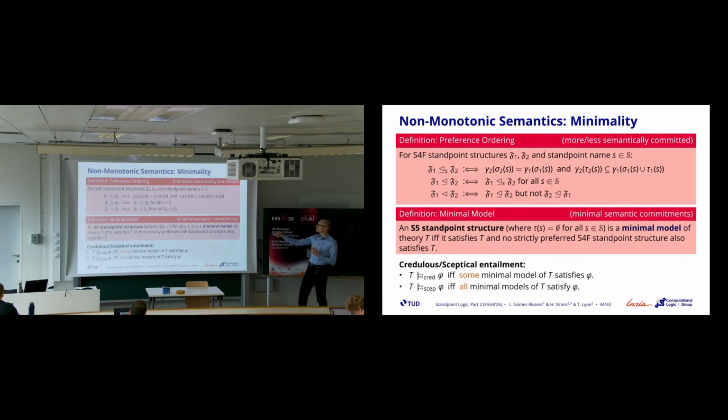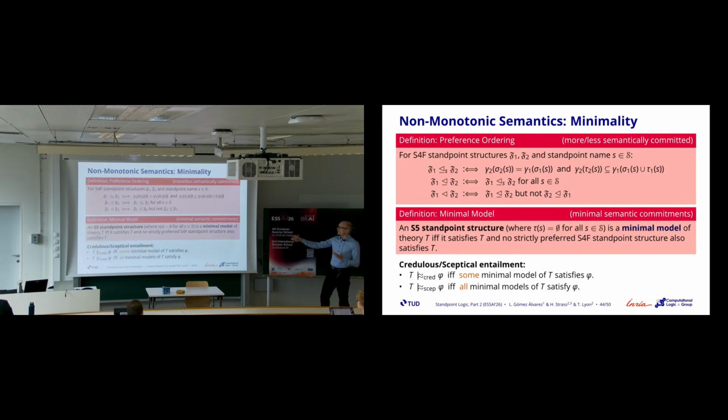Right? So the inner worlds must have the same evaluations. The outer worlds of F2 must be included in those of F1. Right? And that means intuitively that all the worlds that F2 considers possible with respect to S are already present in F1. Right? So, yeah.